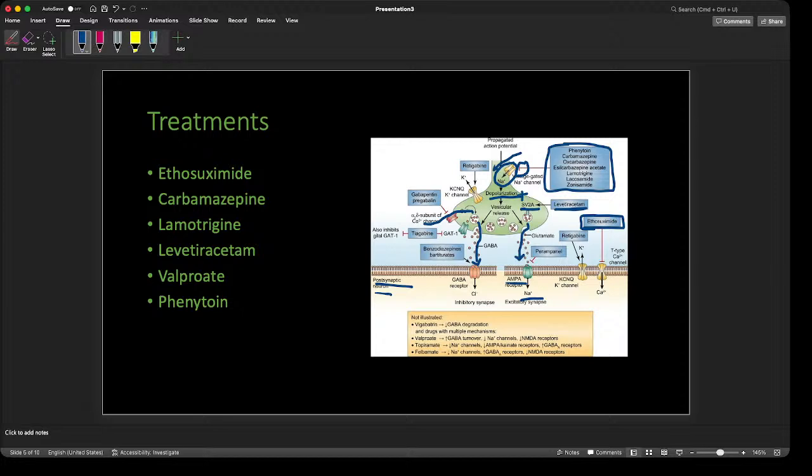There are some other drugs here that are not illustrated, like vigabatrin, which is actually going to decrease the GABA degradation, and then valproate, which is going to decrease sodium channels, or prolong the time in its resting state, and then decreasing the NMDA receptor use, which is also what glutamate uses as well.